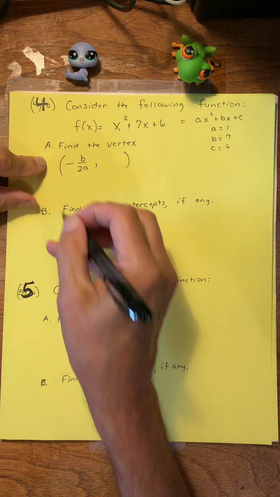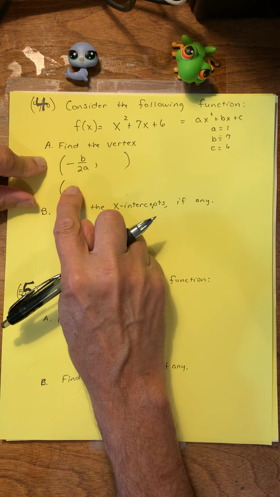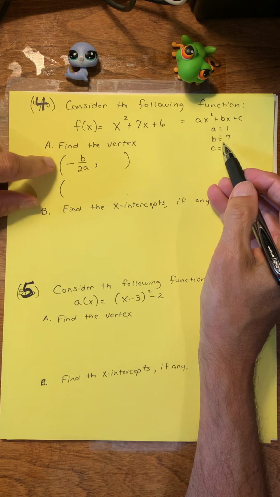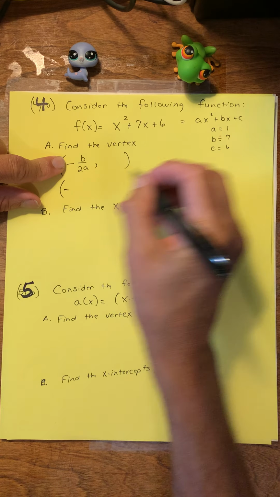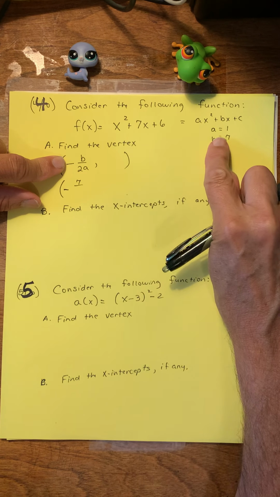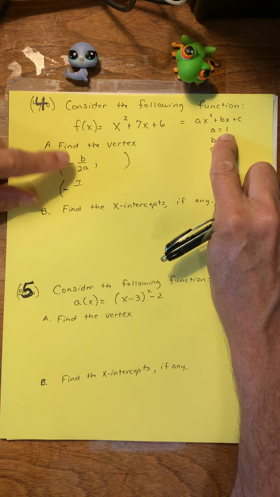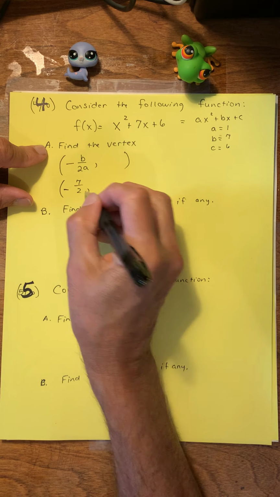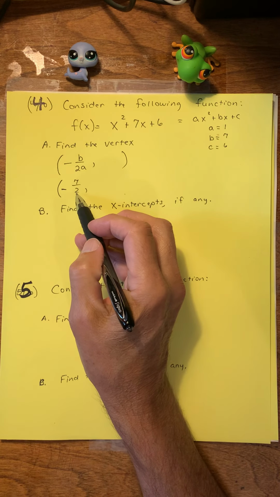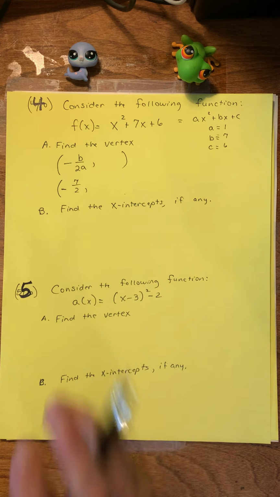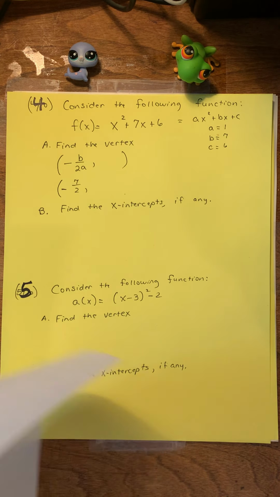So all I have to do to find the x value of my vertex is minus, b is 7, a is 1, so 2 times a would be 2. There it is. There's the x value of my vertex.